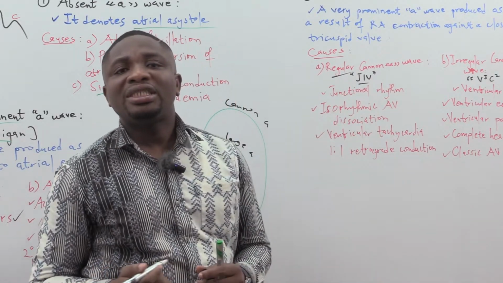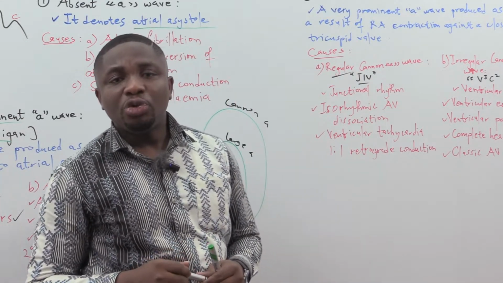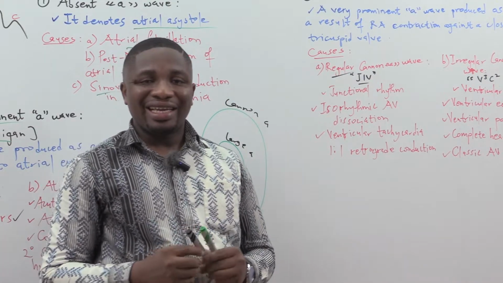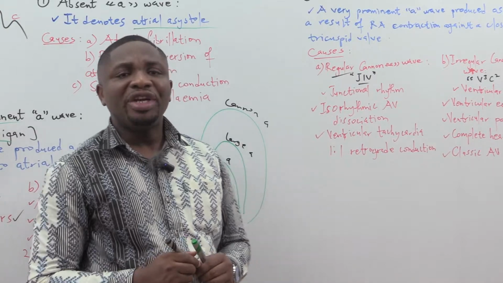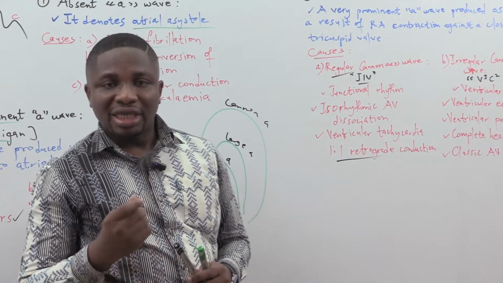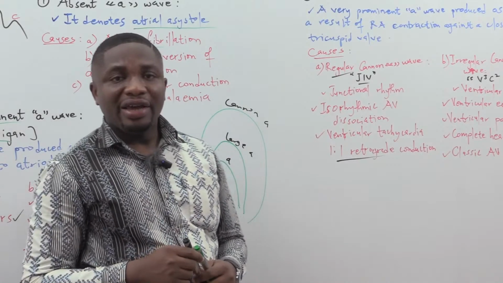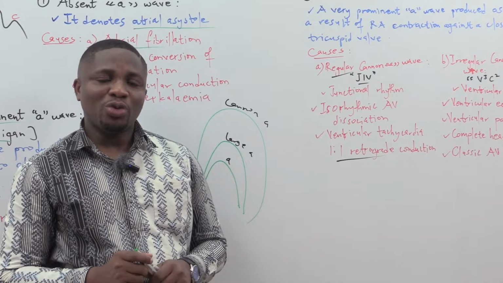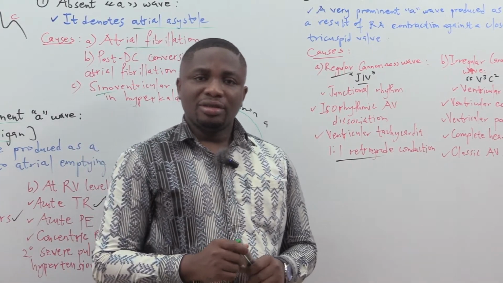And that would go for a junctional rhythm, isorhythmic AV dissociation, and finally ventricular tachycardia with 1:1 retrograde conduction.